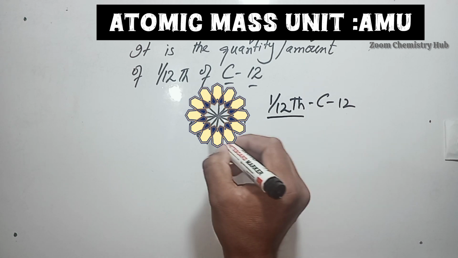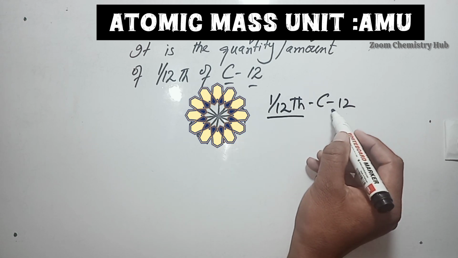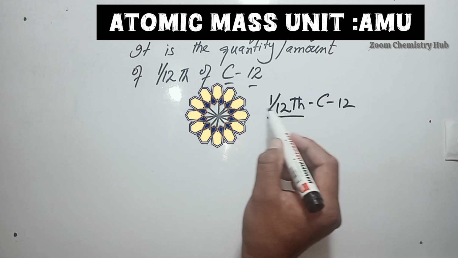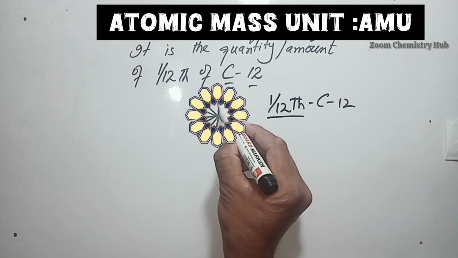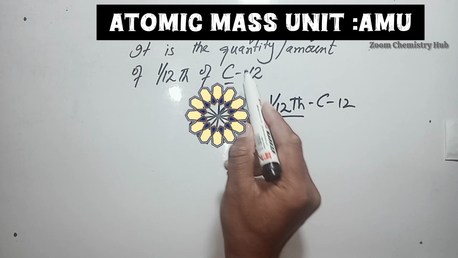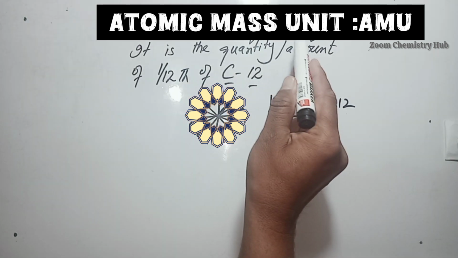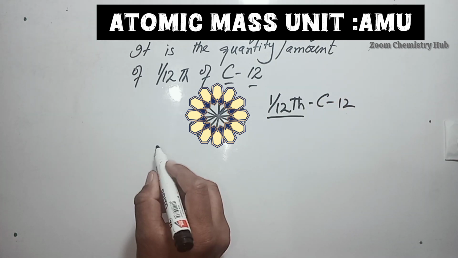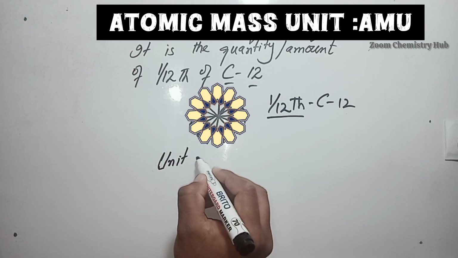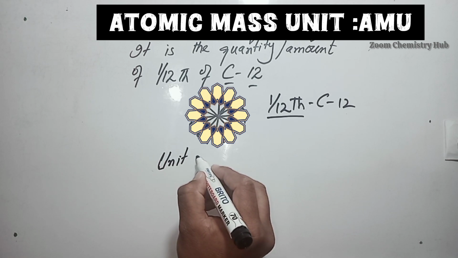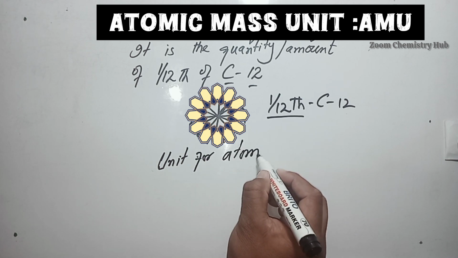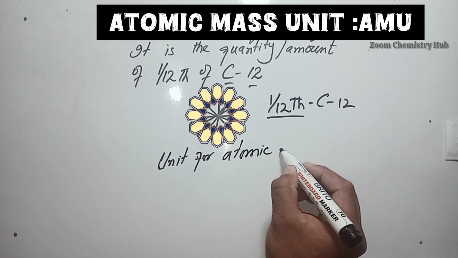Any part in this carbon atom is called 1/12 of the carbon 12, and the amount of any part of this carbon 12 is called the atomic mass unit or AMU, and it is the unit for atomic mass for all the elements.